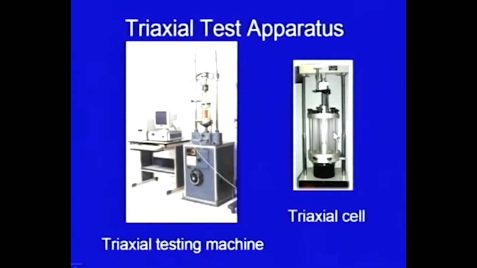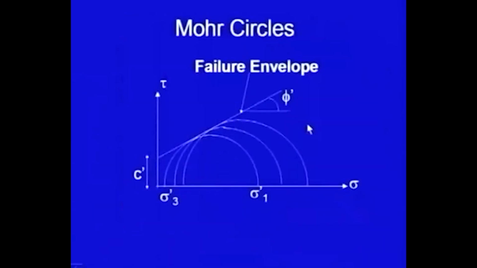Corresponding to different sigma 3, you can go on increasing the deviatoric stress from the top, and you can continue up to the point where failure occurs. The results of the triaxial test will be available in terms of the confining pressure and corresponding deviatoric stress, from which you will be able to calculate the major principal stress.